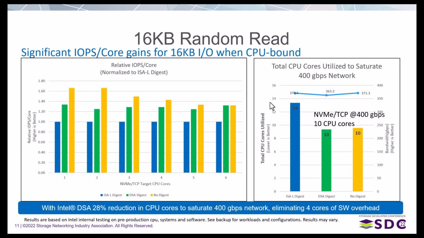And that was actually the same number of CPU cores that it took if the target did not even compute that data digest in the first place. So once again, here we see DSA eliminating all the 4 cores of software overhead that are used by ISA-L to saturate the 400 gig network.